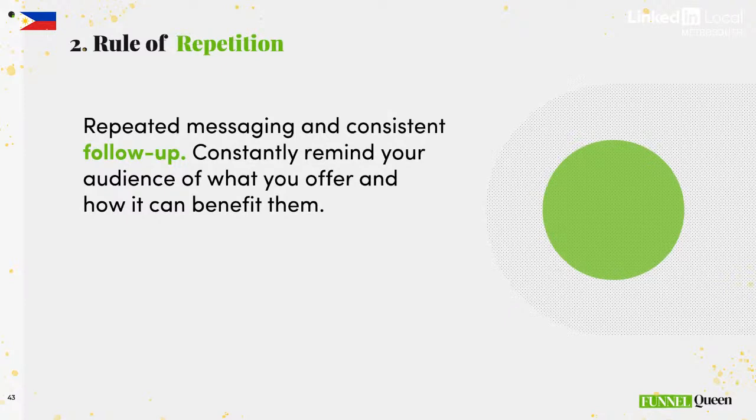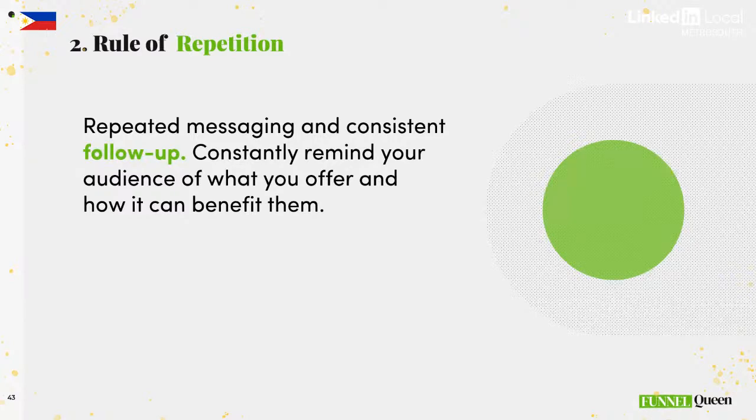Rule of repetition states that repeated messaging and consistent follow-up constantly remind your audience of what you offer and how it can benefit them. If you're familiar with retargeting ads, email follow-ups and things like that, that is repetition. Those are repeated messaging. Those are follow-ups. Because remember, not everyone will convert at the beginning.